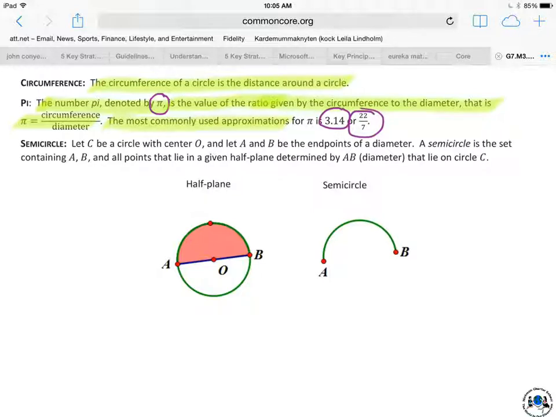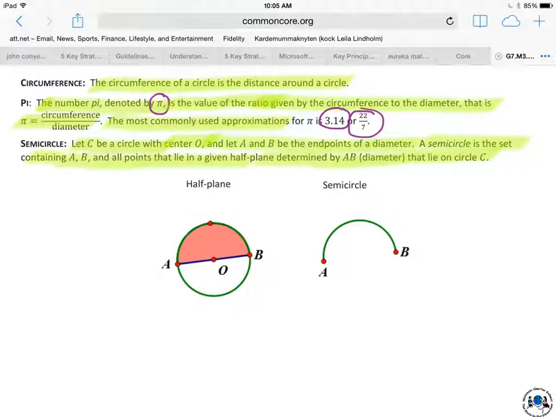The last one here, a semicircle. Let C be a circle with the center O, and let A and B be the endpoints of the diameter. A semicircle is the set containing A, B, and all the points that lie in a given half plane determined by AB diameter that lie on circle C. That was really confusing.